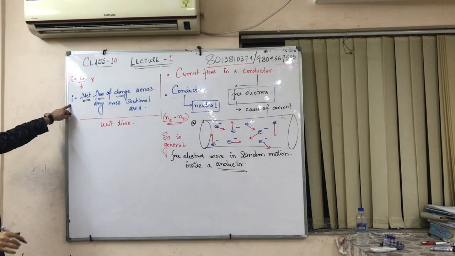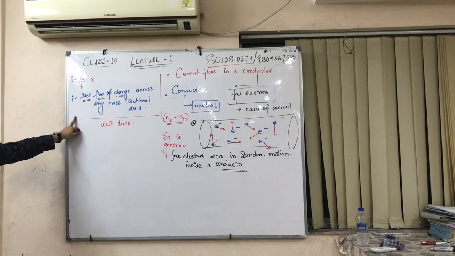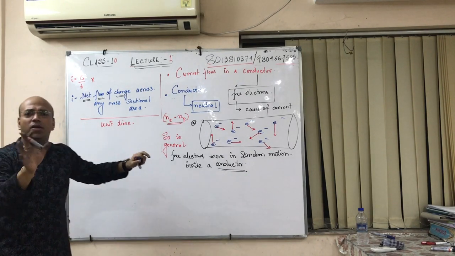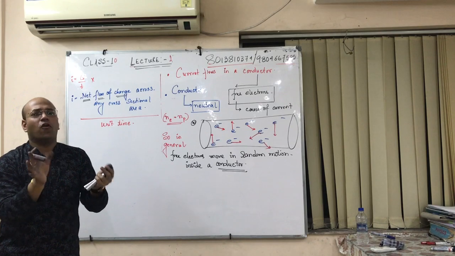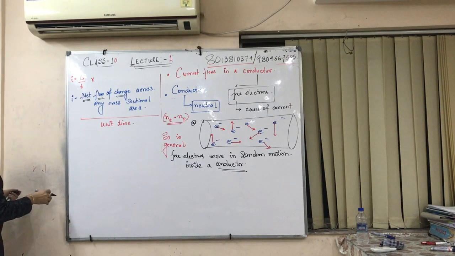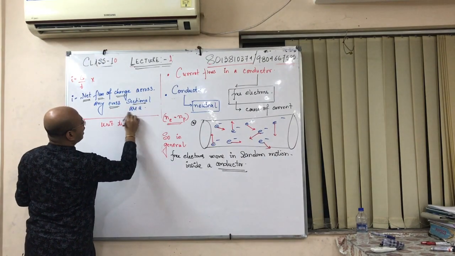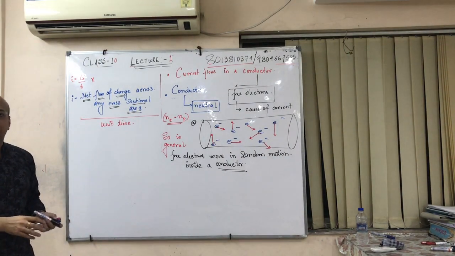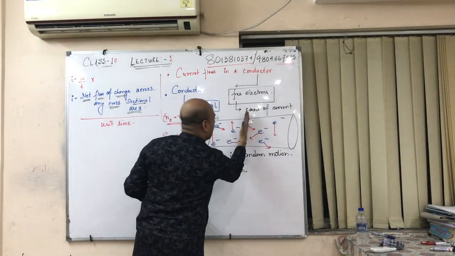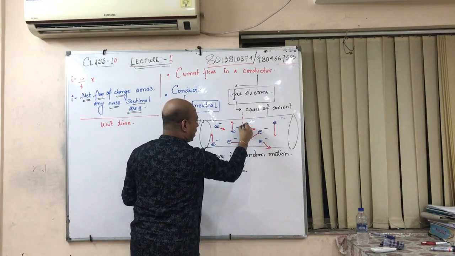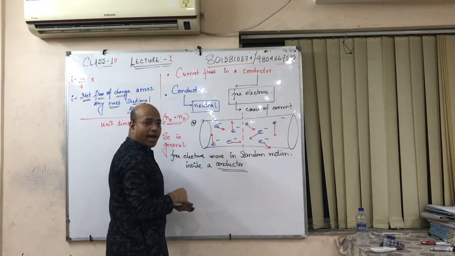Now, this has some very important things, but for class 10 we will explain it in an easier format. So what is a cross-sectional area? If you cut the conductor this way, what do you get over here?